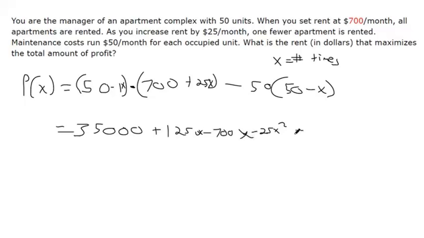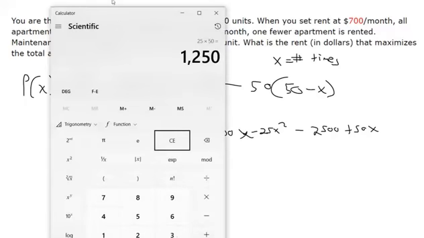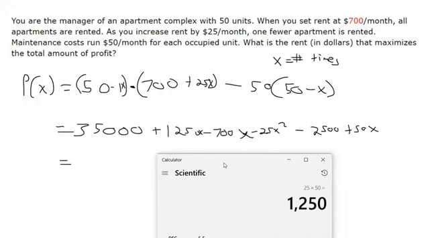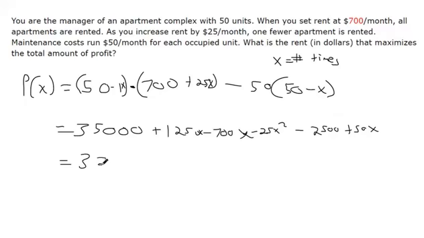Then we distribute that minus 500. Then combine like terms. Oh, we got 550x plus 50x makes 600x.